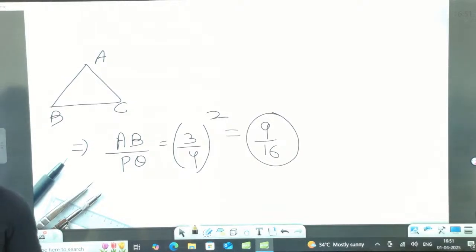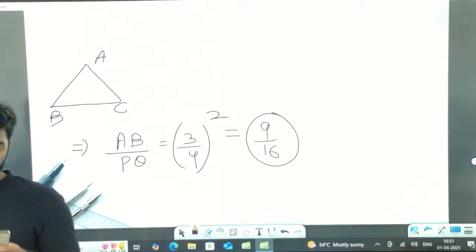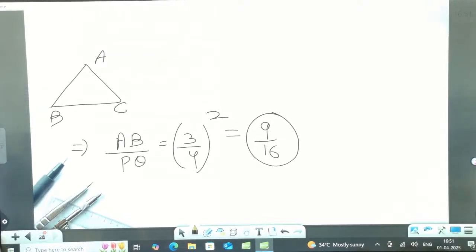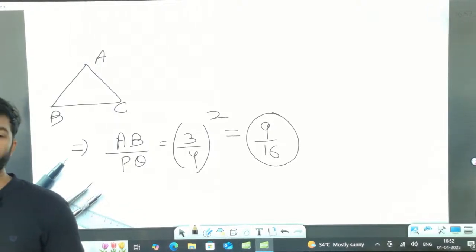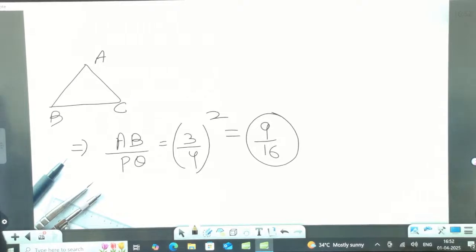Full stop. If the length of QR is 21 centimeter, then find the length of QP and PR.